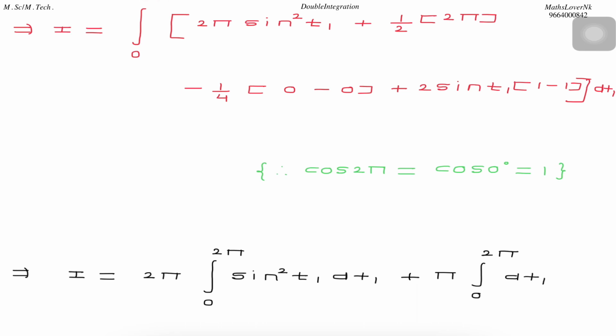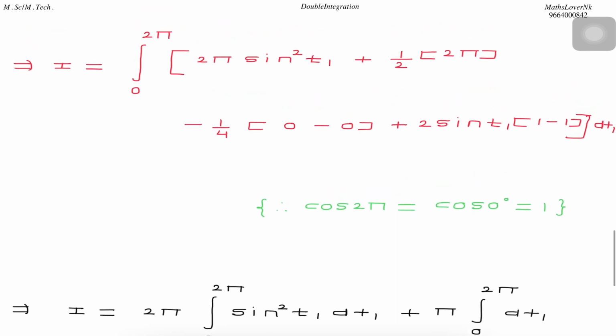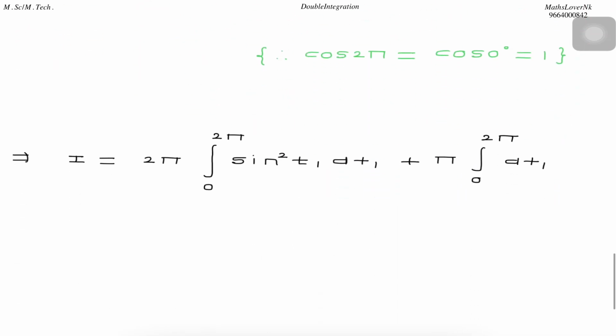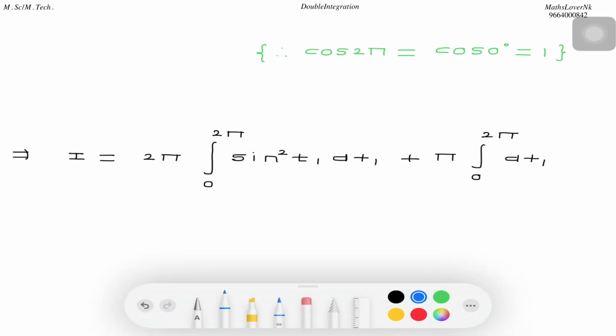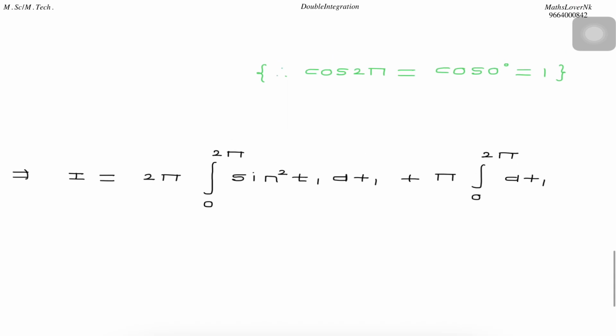Next one is minus 1 by 4, it's 0. 2 sin t1, 1 minus 1, it's also 0. Now we solve by the integration. We know that cos 2 theta is equal to 1 minus 2 sin square theta.